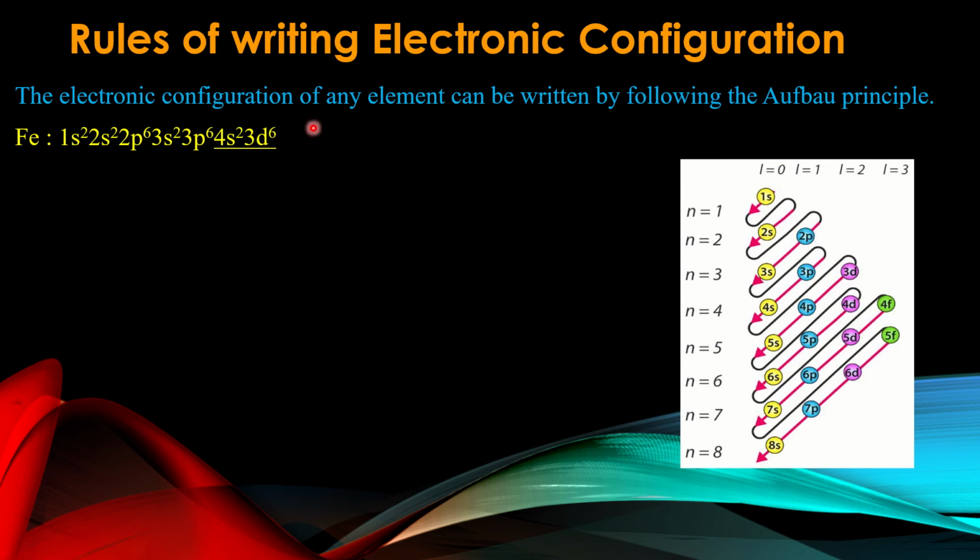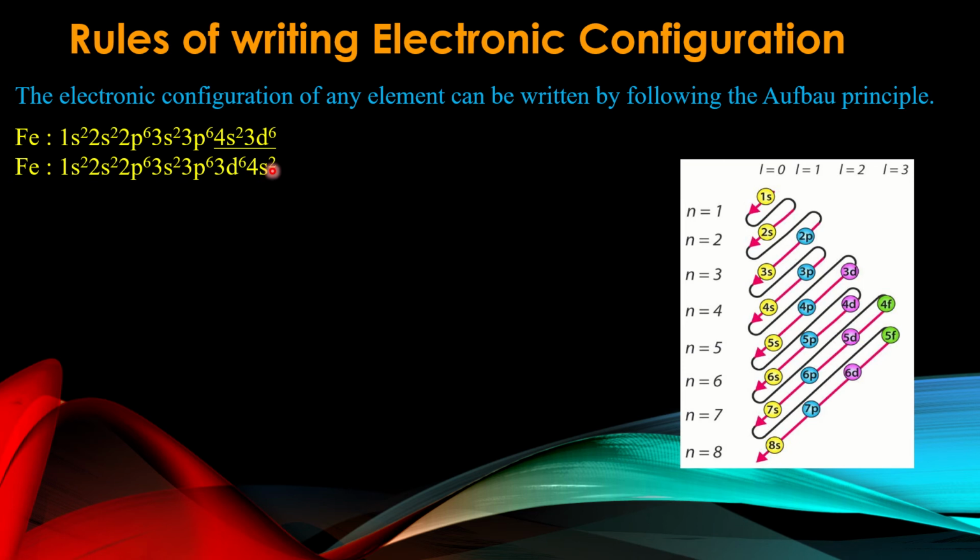Now dear students, look, the subshell 3d belongs to the 3rd shell, and 4s belongs to the 4th shell. So we will write this electronic configuration in this way: 1s2, 2s2, 2p6, 3s2, 3p6, 3d6, 4s2.